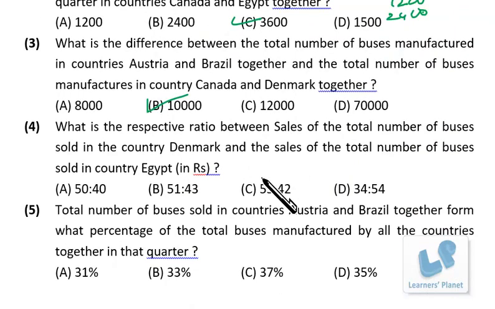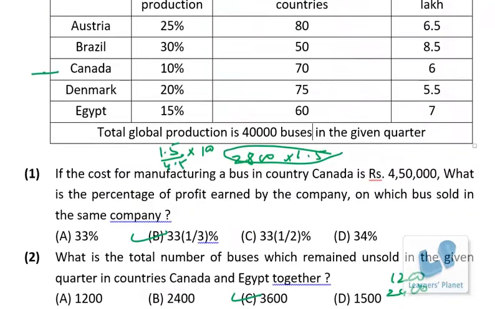Okay. What is the respective ratio between the total number of buses sold in country Denmark and the total number of buses sold in country Egypt? Denmark, 20% of 40,000, that is 8,000, and selling price is 5.5. 8,000 and 75% is being sold.